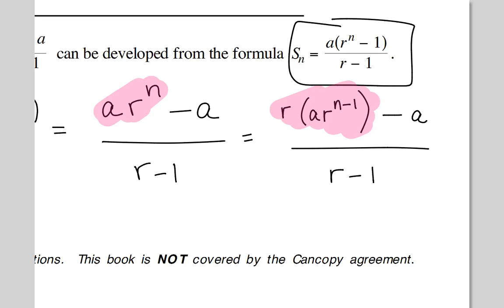Well, the reason is because this AR^(n-1) is actually the formula for a geometric sequence. So this thing highlighted in blue is actually your formula for Tn, right? So now we can sub that in: R Tn minus A over R minus 1.